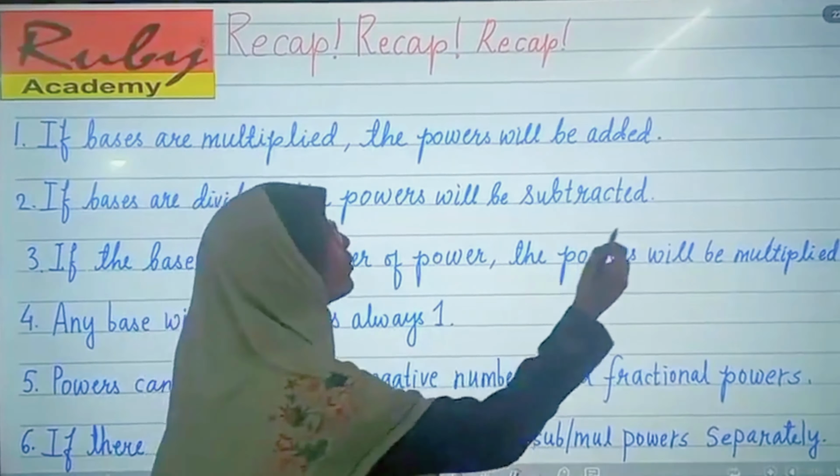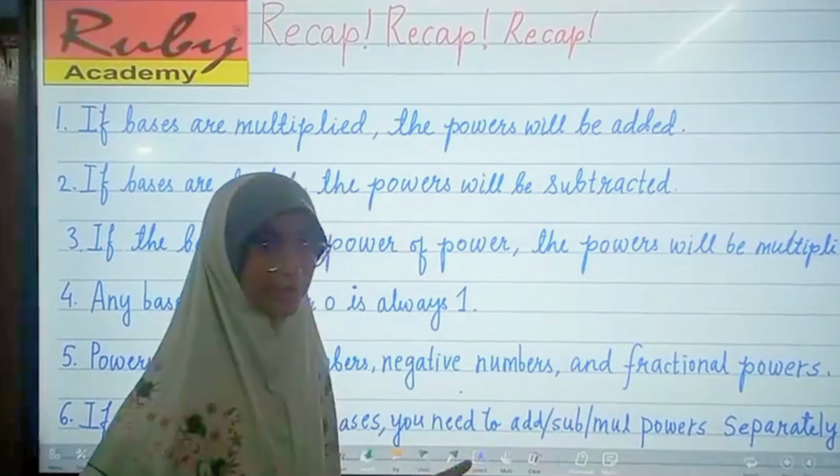Number 4. Any base with power of 0 is always 1. Number 5. Powers can be all numbers, negative numbers, and fractional powers. Number 6. If there are multiple bases, you need to add or subtract or multiply powers separately.